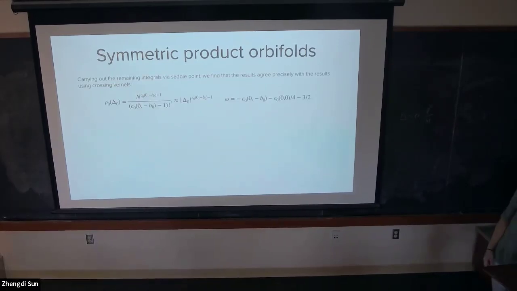For symmetric product orbifolds, the ground state degeneracy is given by this expression, which you can find very easily using combinatorics. And this C naught is the ground state degeneracy of the seed Jacobi form that you started with. The way that you find it is by just figuring out in how many ways can I redistribute these ground states over all the different copies.